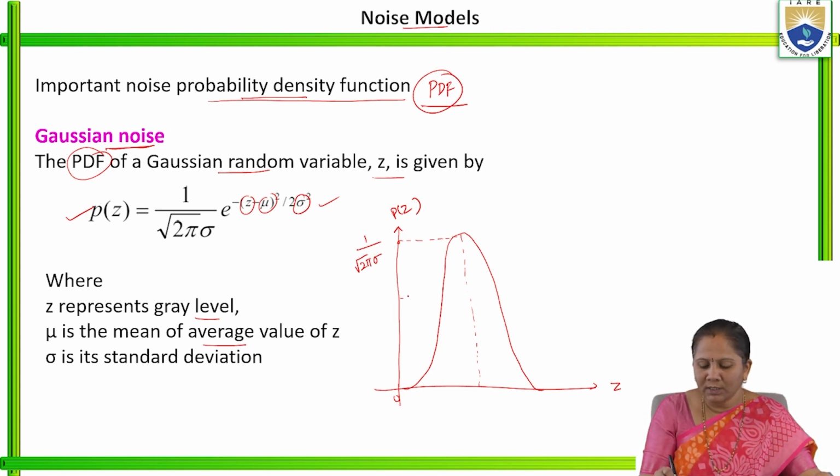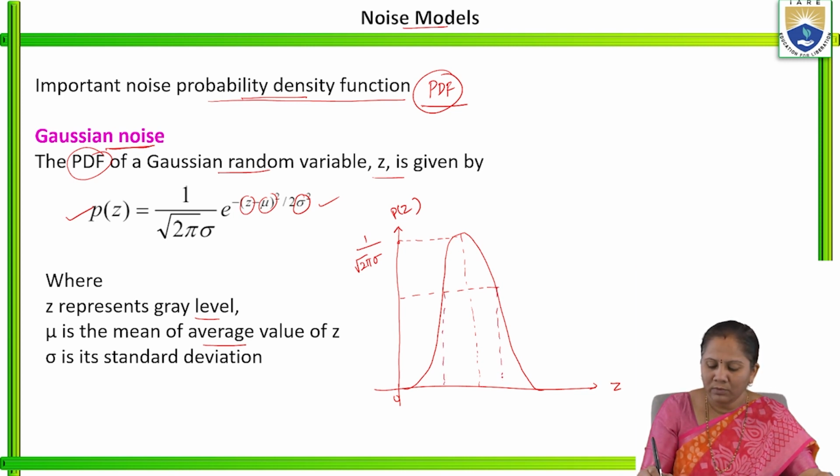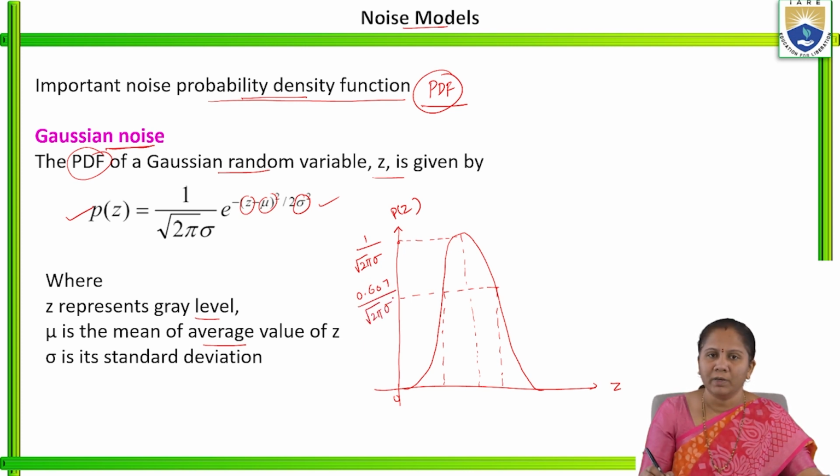And across the 3 points, we have to find the value. Across this point, the value will be 0.607 by root 2 pi sigma. So what are these 3 points? The middle point here is mu.